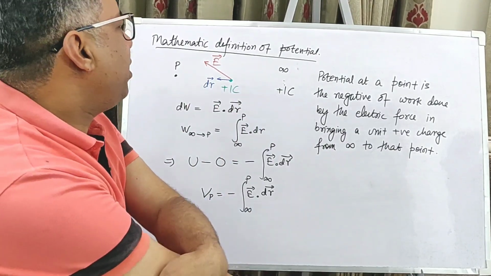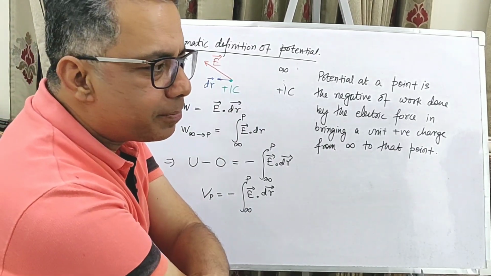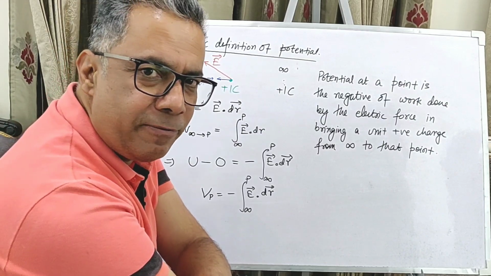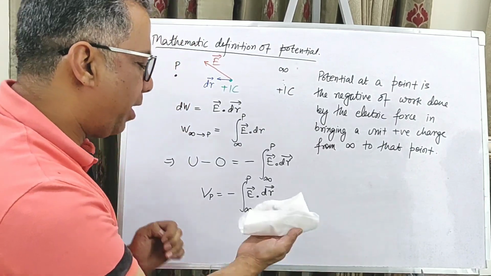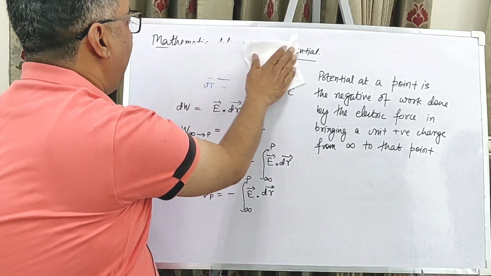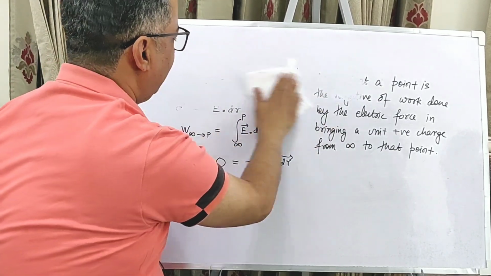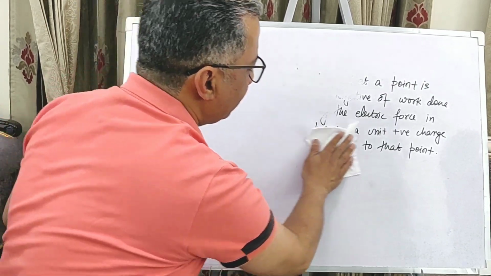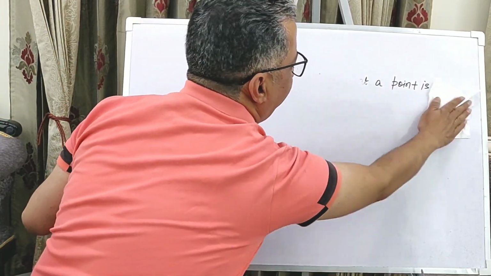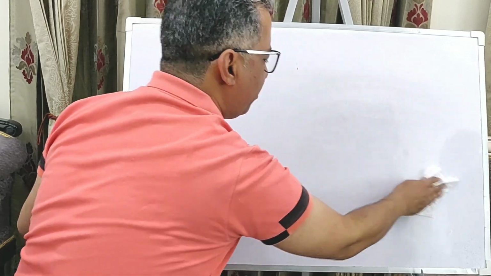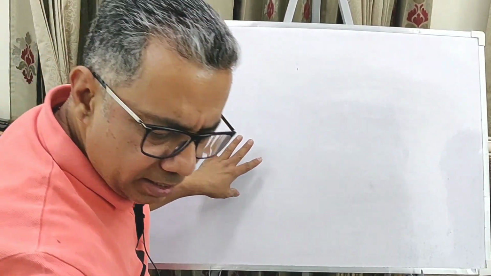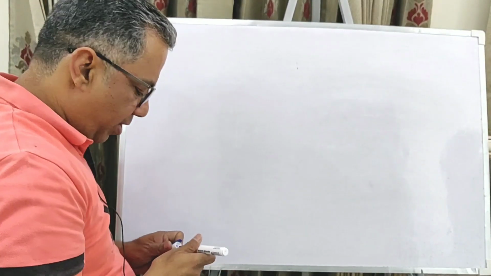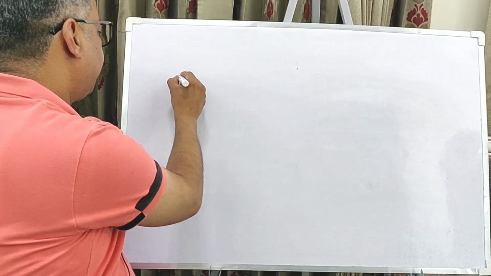Now that we have the definition of potential with us, let's now also define the potential difference between 2 points. Now the difference between potentials at 2 points will again be calculated in terms of this work that we have just described. Let's say we have 2 points.